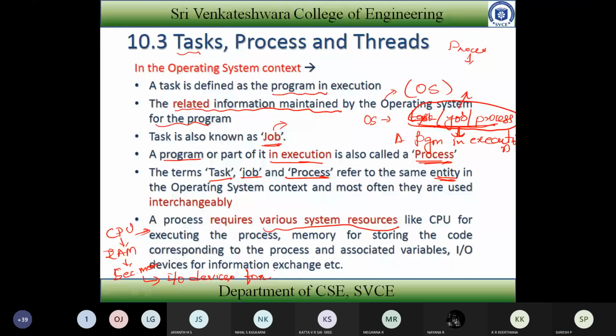So, the CPU is for executing the process, and memory is for storing the code corresponding to the process. It should also require memory to store the associated variables.